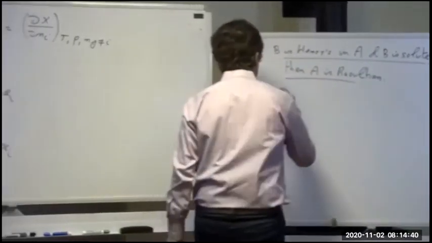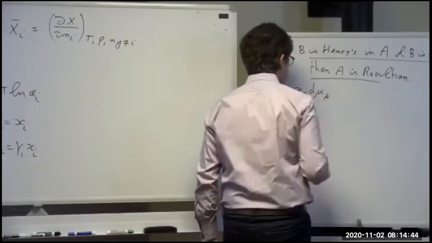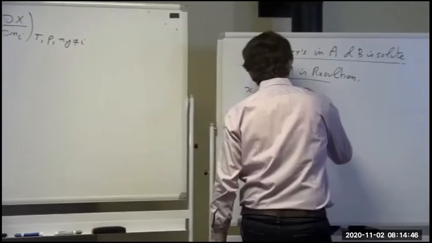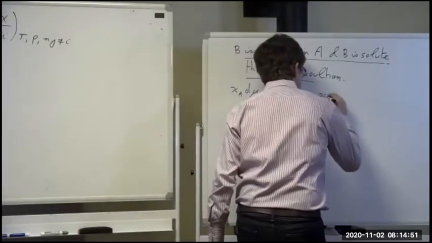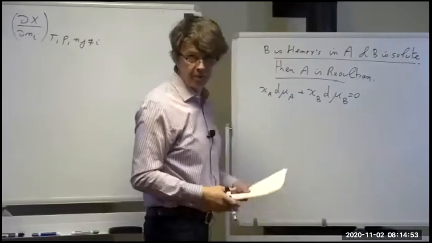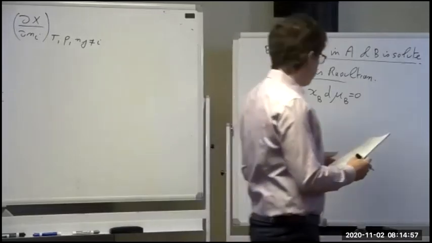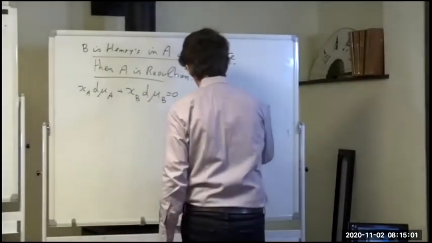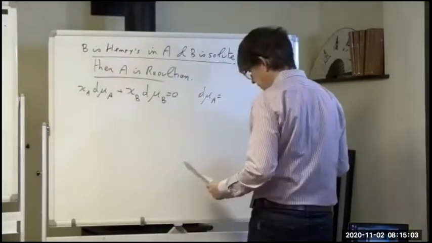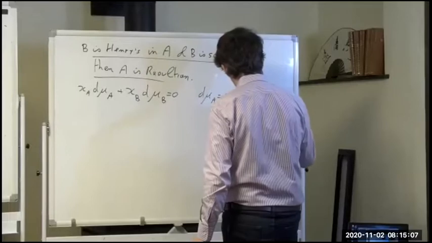You can prove that from Gibbs-Duhem, which says that at constant temperature and pressure, the variations of the chemical potentials are related. Right? This is the statement of Gibbs-Duhem at constant temperature and pressure. So what we're trying to find is what d mu A is. So I'm going to write that as RT d log activity of A.